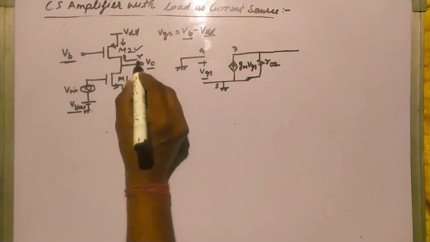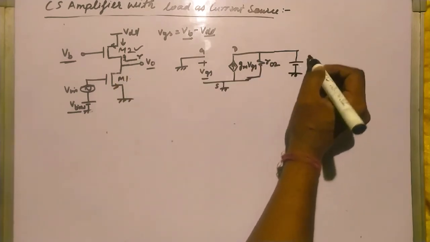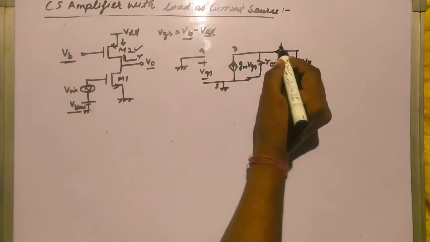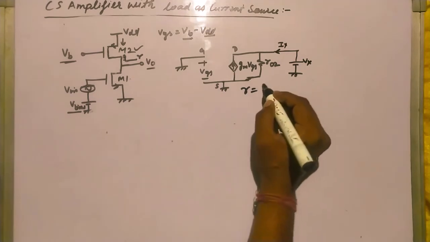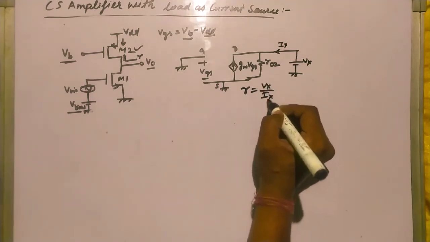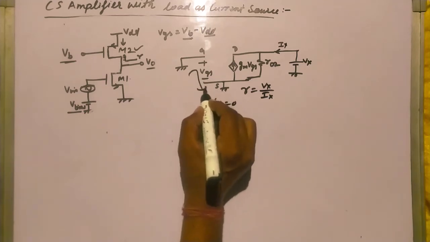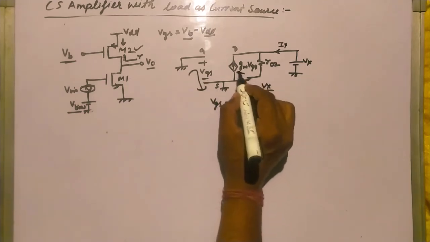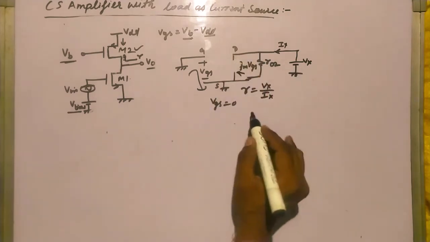So at this terminal we have to apply Vx, and Ix is flowing, and the R out, the R will become equal to Vx by Ix. Okay, see now VGS equal to 0 from this, so the current source will become 0. So this is open circuit. So how will my circuit look?